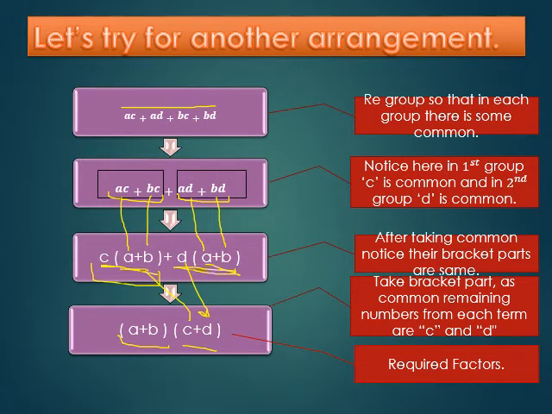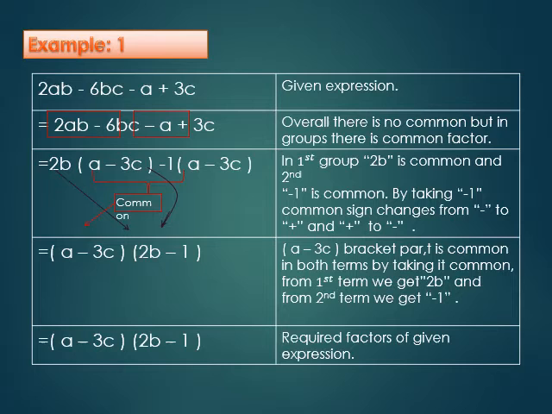Now we'll try some examples. First example, we are given the expression 2ab minus 6bc minus a plus 3c. Observe here, student, there is no common overall.